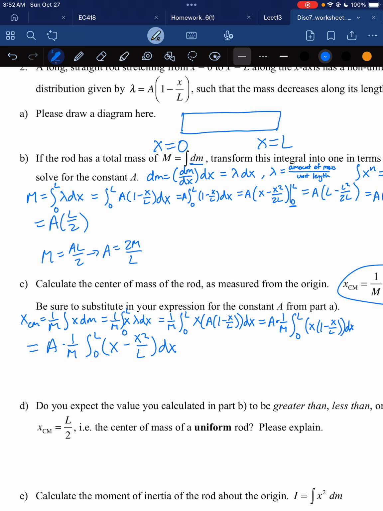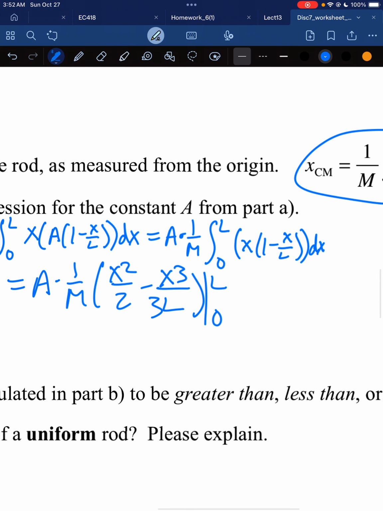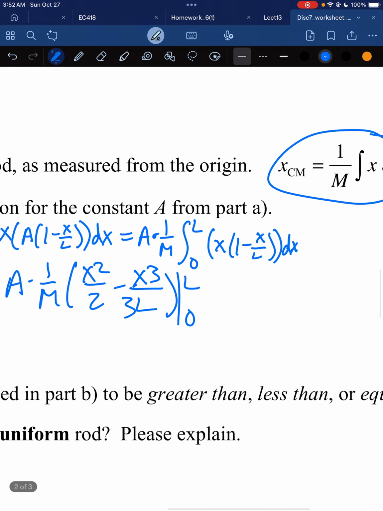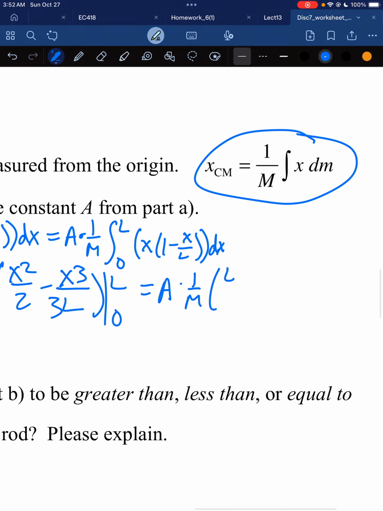And again, it's just a simple power rule, so I get a times 1 over m times the quantity of x squared over 2 minus x cubed over 3L, from 0 to L. And because my lower bound of integration is 0, I can just plug in L whenever I see x, and I get a times 1 over m times L squared over 2 minus L cubed over 3L.